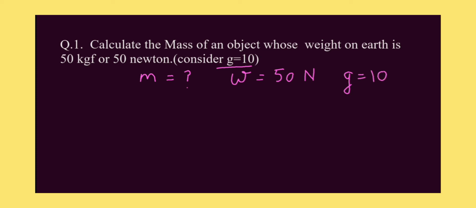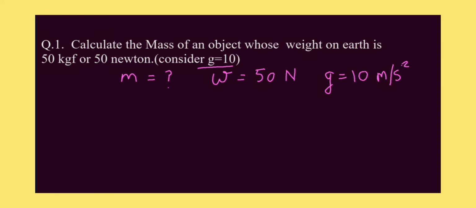Now we have to calculate mass. The unit is meter per second square. We know the formula that weight is equal to mass multiplied by gravity, acceleration due to gravity. We will substitute the value of weight and the value of g.